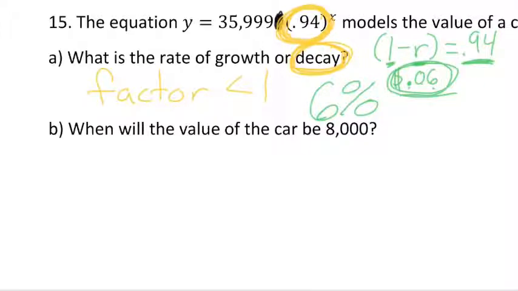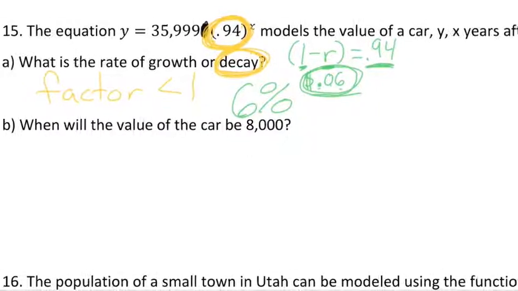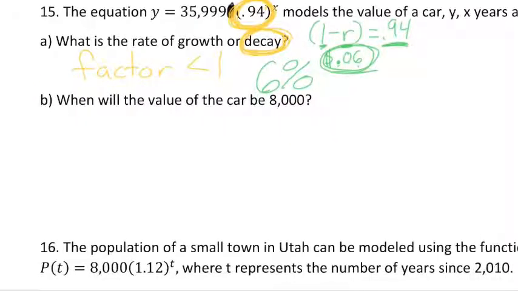Question B asks, when will the value of the car be 8,000? So again, we already talked about decay. Typically the value of a car always goes down, not up. We are going to set our y equal to 8,000 because that's the end result after it's decayed.